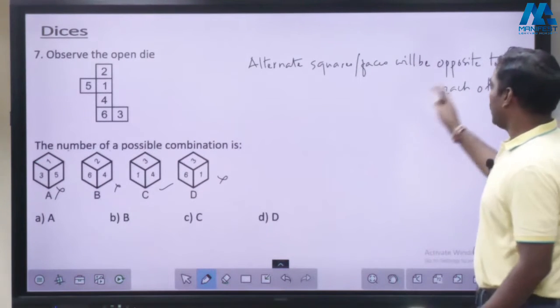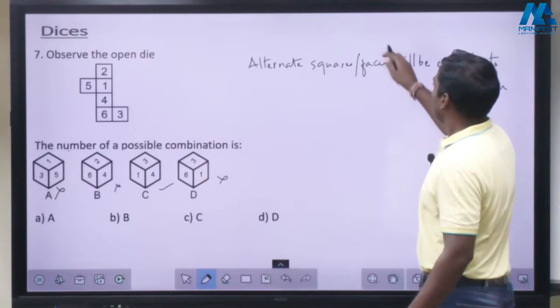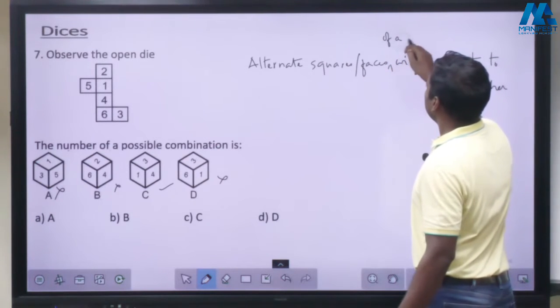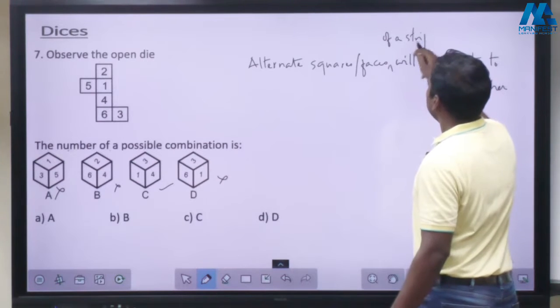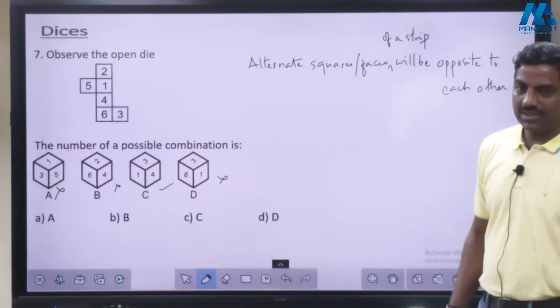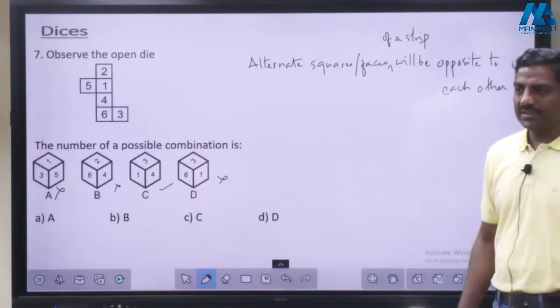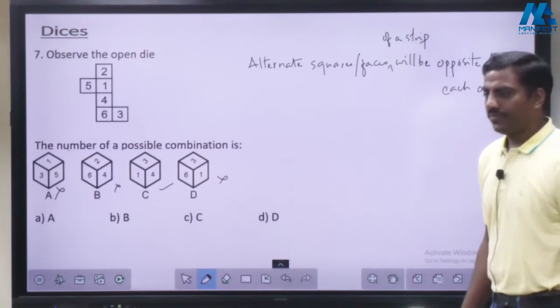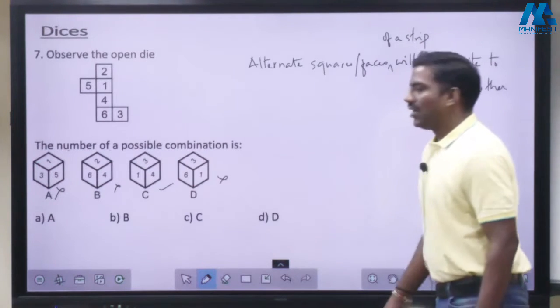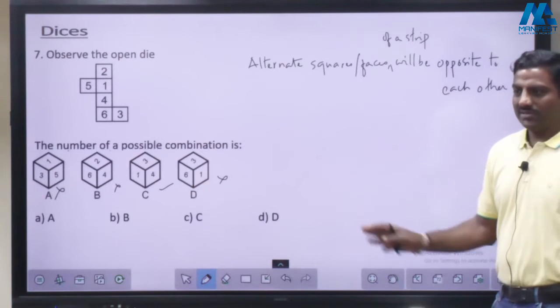So alternate squares or faces of a strip. This strip can be of 3 squares or 4 squares. Only with just 2 squares, you cannot get the alternate. Yes or no? Of a strip. Simple.